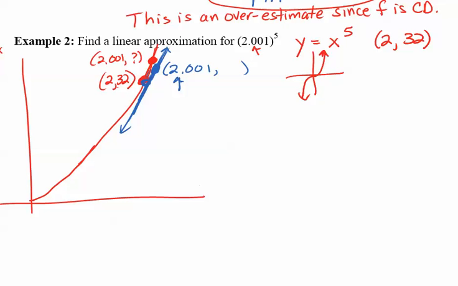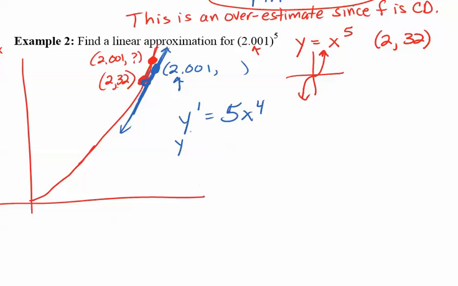So our y-coordinate of the blue point on the tangent is our approximation for the actual red point on the graph. Okay, so what do we need to find the equation of the tangent line? We need to know our slope. So the derivative of y is 5x to the fourth.